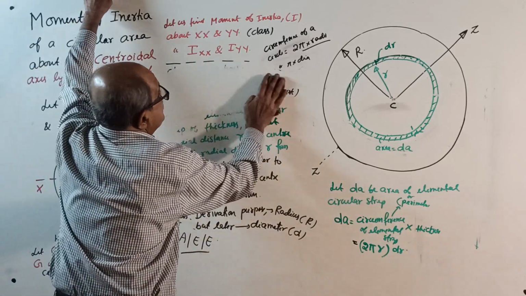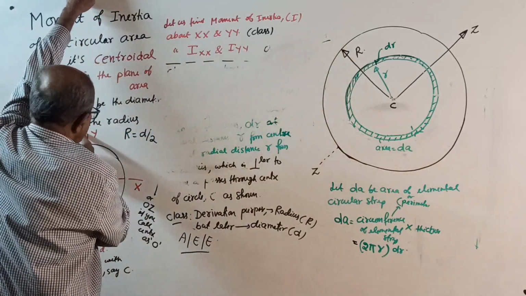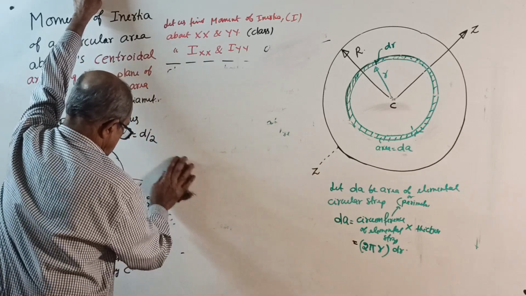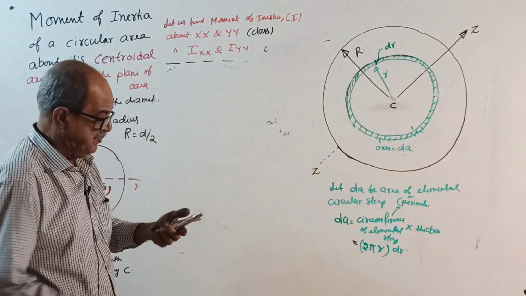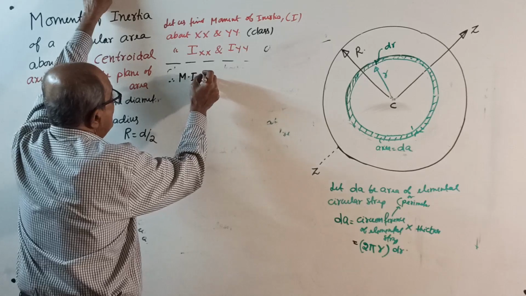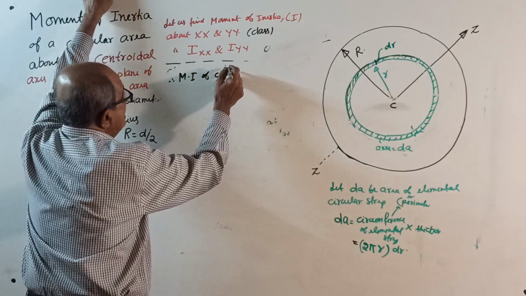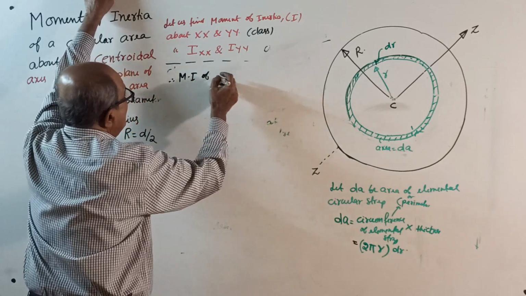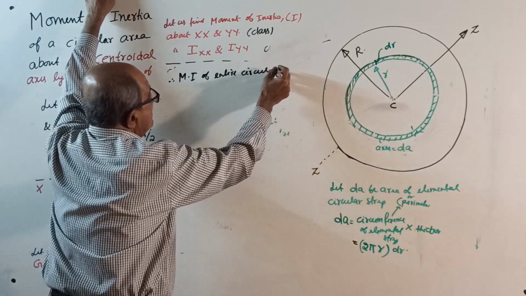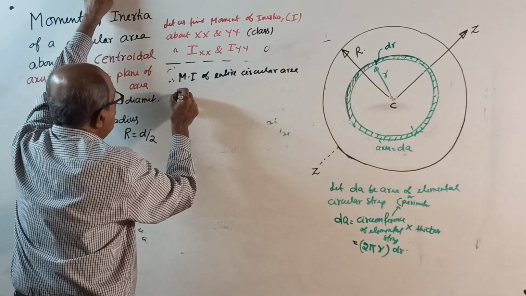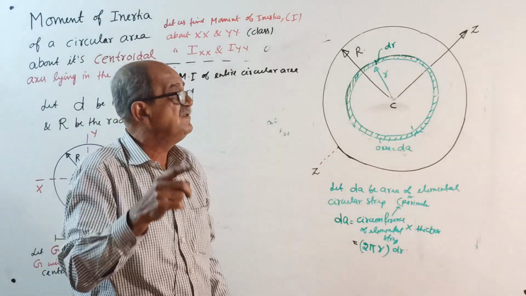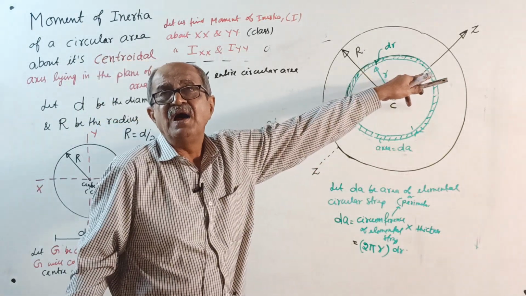Option 2, option 1 I will come to later. This I still want, because I want it for the other case. We got the elemental area. Therefore, moment of inertia of the entire circular area about which axis? Moment of inertia will always come about the axis from which this variable r is considered.